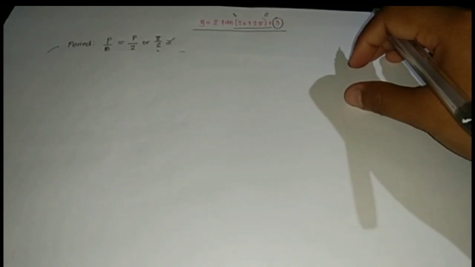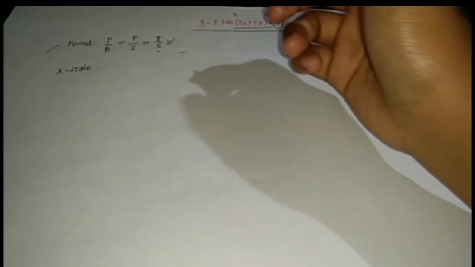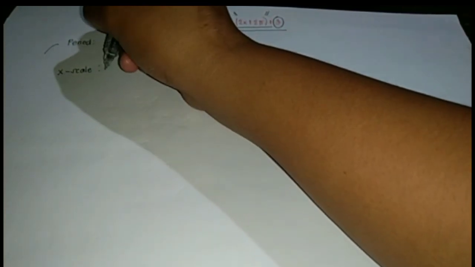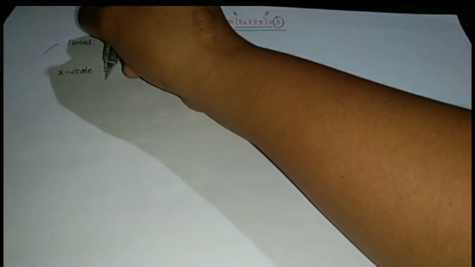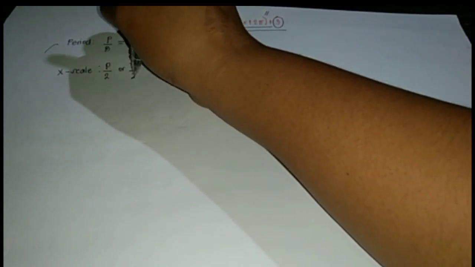Next is to find the x scale. In solving the x scale, we simply copy the period, π over 2, divided by 2, or multiply by the reciprocal of the divisor.